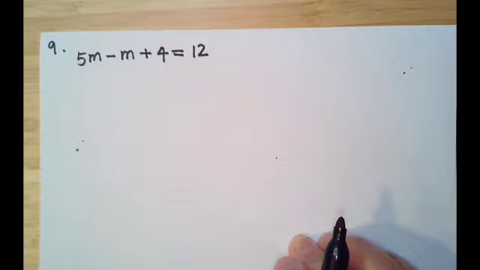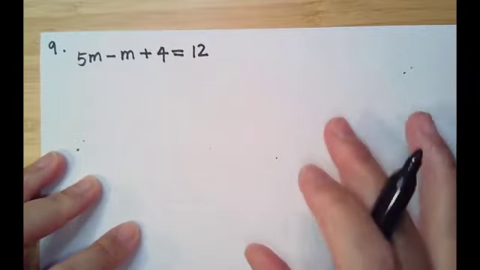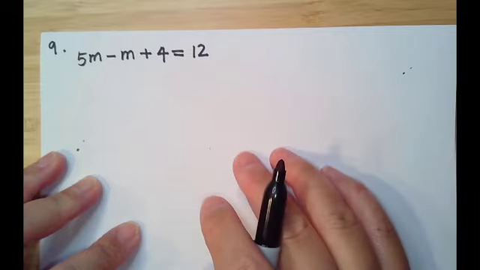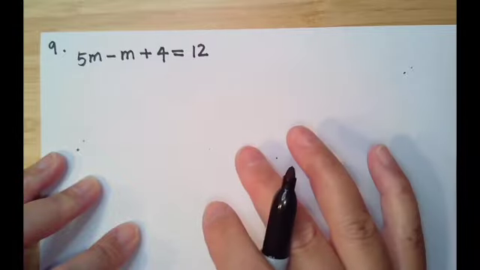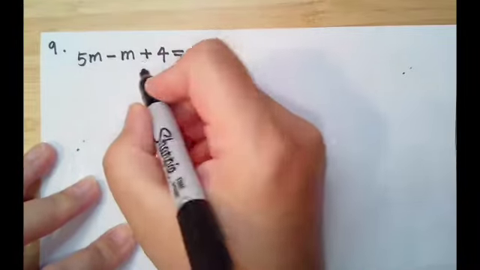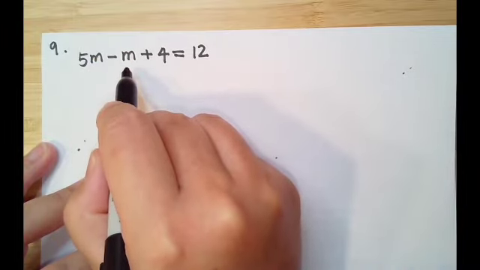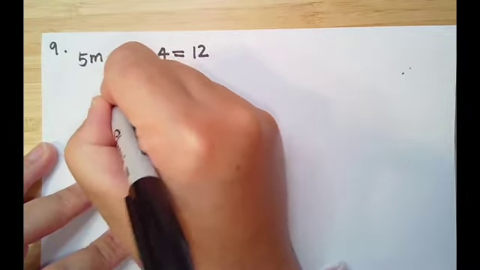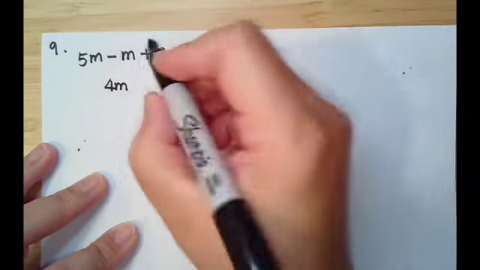We have more terms. Okay, so don't be scared. Just like what I said, you want to move all the terms with the variable to one side and all the numbers to the other side. So in this case, I can do 5m minus m. I already know that. That is a 4m, isn't it? I combine like terms.